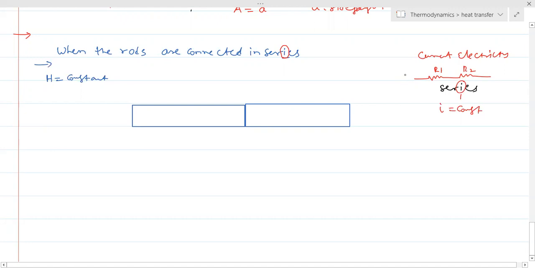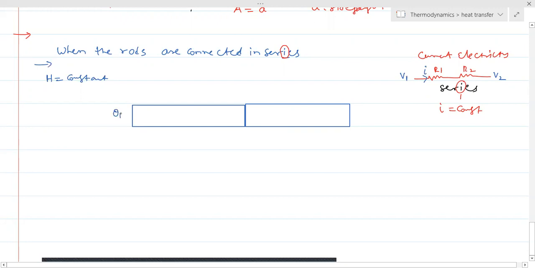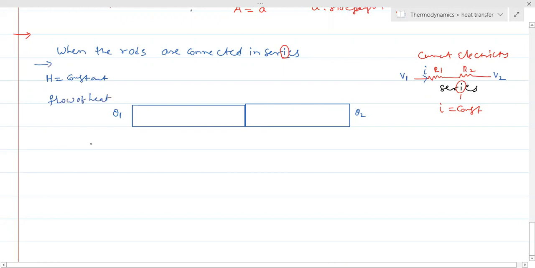And here we can see whenever there is a potential difference between V1 and V2, then only we have flow of current. Similarly, whenever we have a temperature difference between the ends, LHS and RHS, we have the flow of heat energy, whenever theta1 is not equal to theta2.